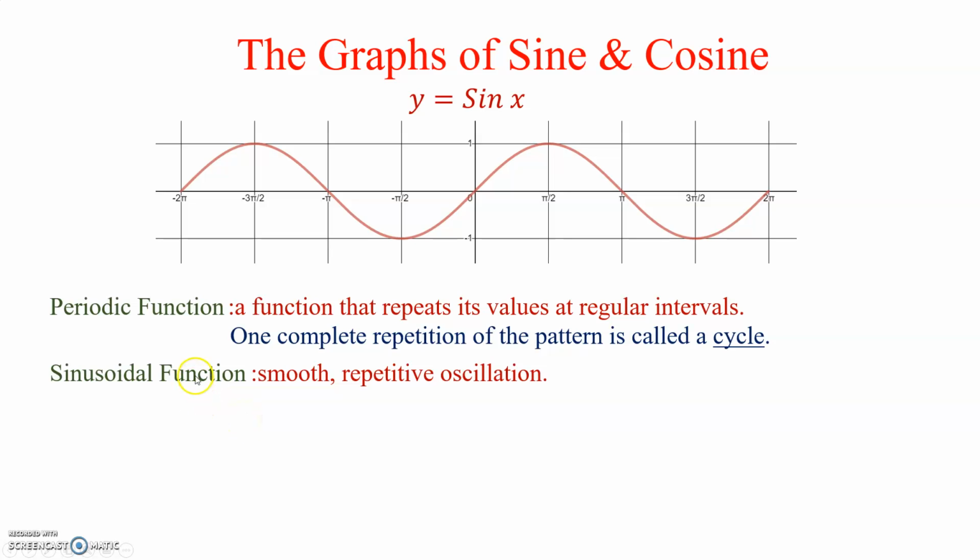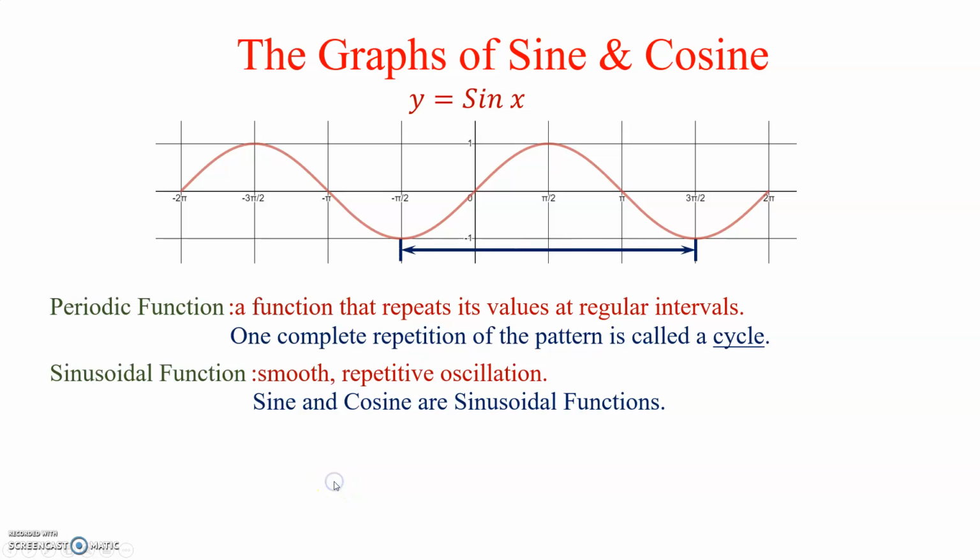A sinusoidal function is a nice, smooth, repetitive oscillation, meaning the graph is oscillating back and forth between the values -1 and +1 in this case. Therefore, both sine and cosine are actually sinusoidal functions.